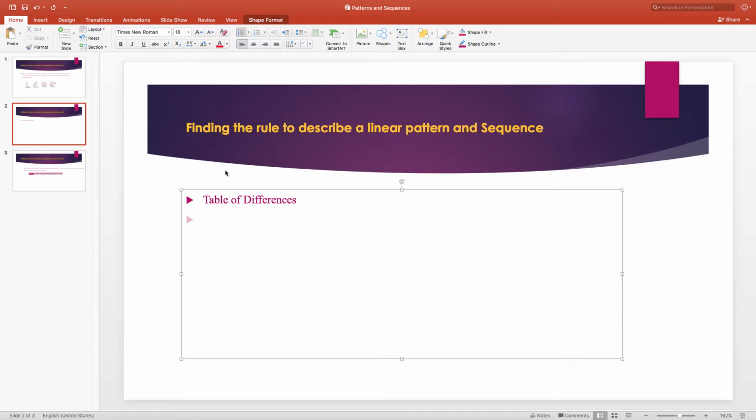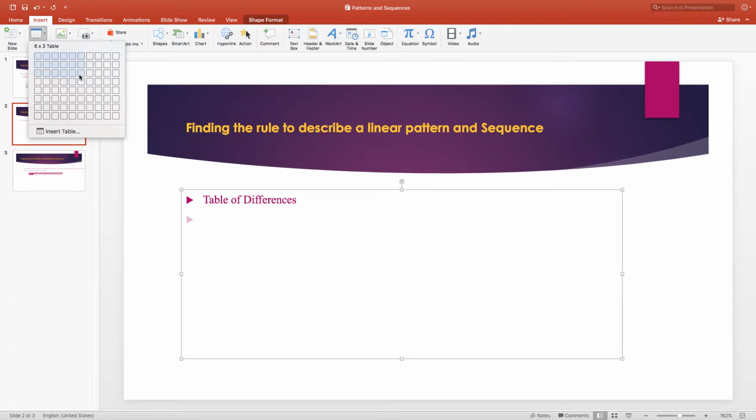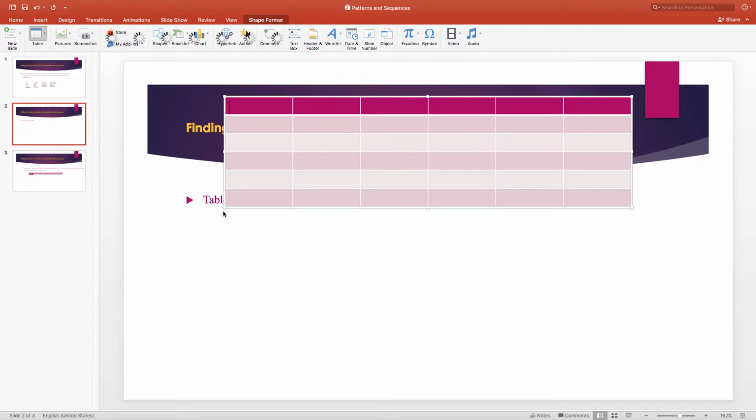And this table of differences really allows me to do some calculations.